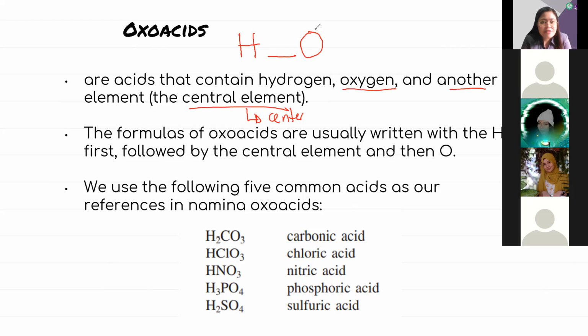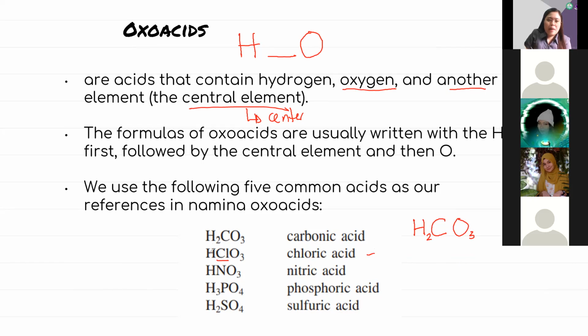So we have the following five common acids that we call oxoacids. We have carbonic acid. As you can see, it has hydrogen, then carbon as the central element in between, and then it ends with oxygen. That's the same with chloric acid, where the central element is chlorine.